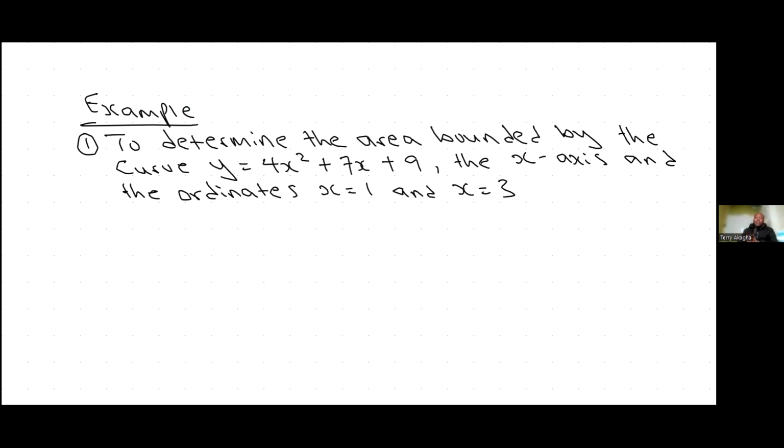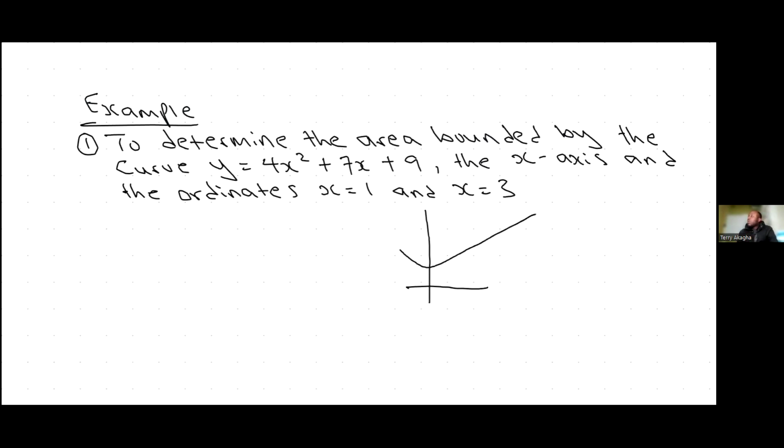In some exams, you're expected to sketch the curve first before you find the area. In some of them, they'll give you the curve for you to solve. So to be on the safe side, make sure you know how to sketch curves. So let's assume this is the curve for this.